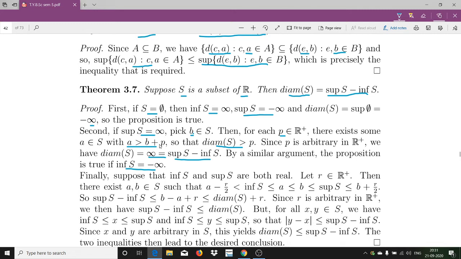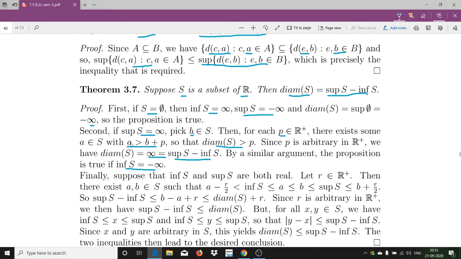Otherwise, if you cannot find such an a, that will mean that b minus p is a lower bound, and since b minus p is a finite quantity, it will mean that the infimum of S is also finite, but that is not the case. That will be a contradiction.